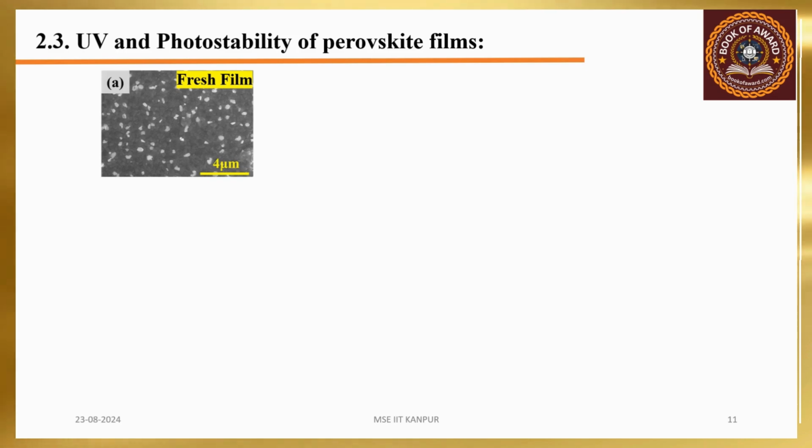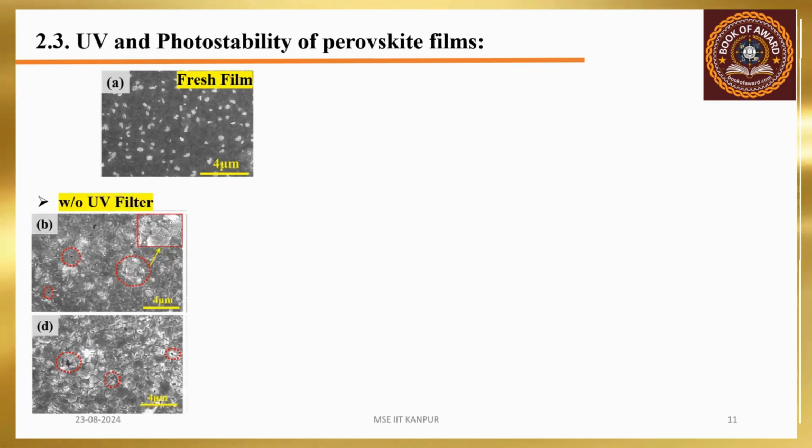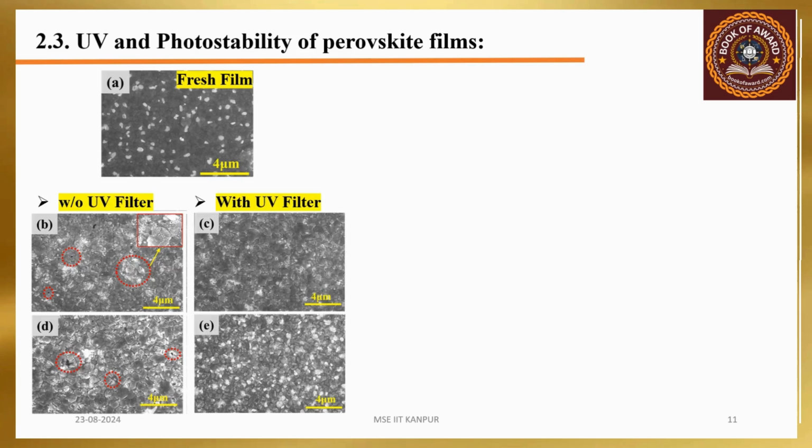After degradation, means after exposure of 900 hours, you observe that the film without UV filter is almost degraded due to the formation of pinholes, and with UV filter it almost remains the same, which confirms that the UV filter blocks the UV light. A similar observation was made in one sun solar light.